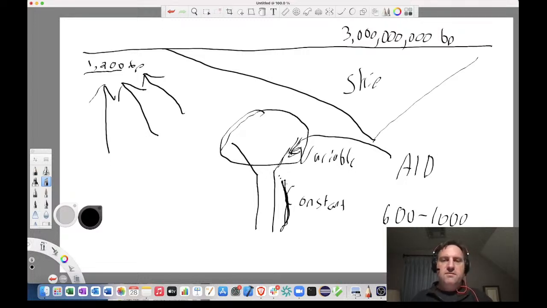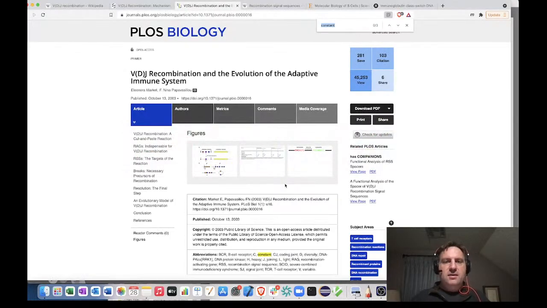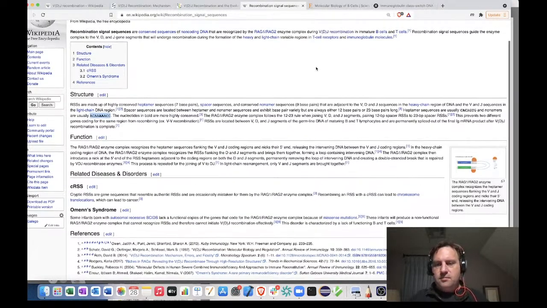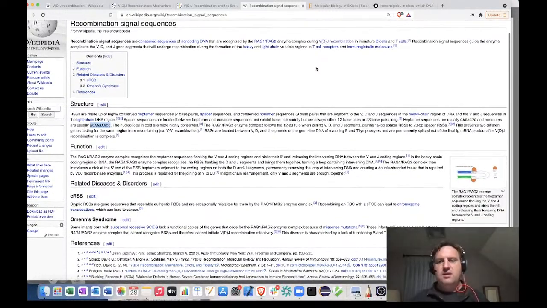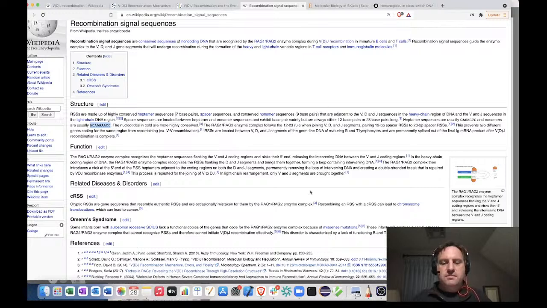Just a super quick overview, but hopefully helpful. Again, I'd go back and look at these recombination signal sequences, because I think it'd be interesting to take a catalog of all the different recombination type sequences that people had and how they functioned.